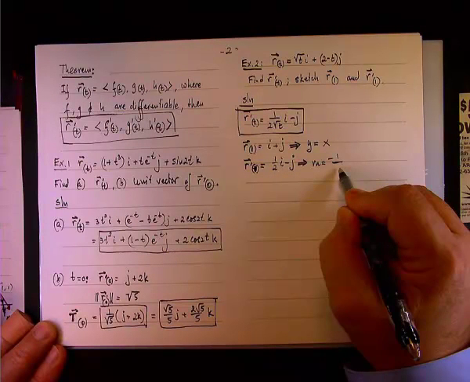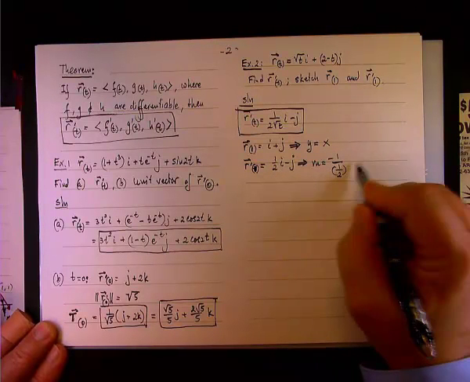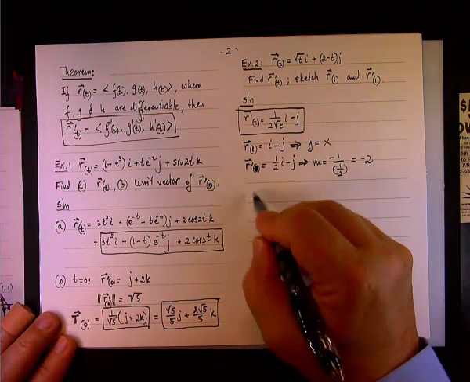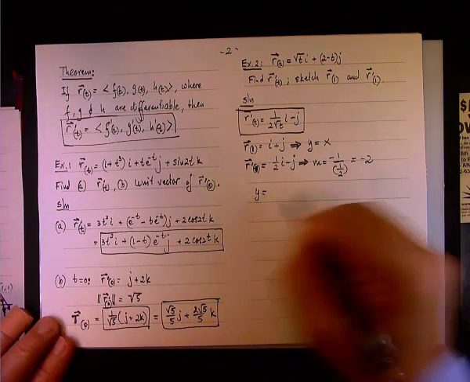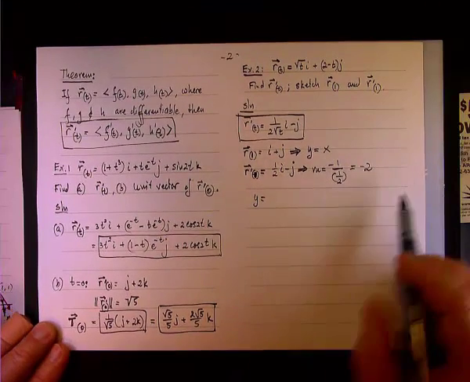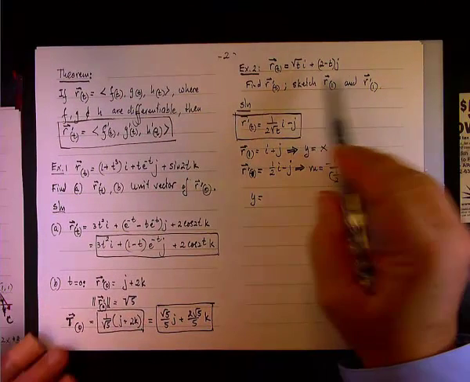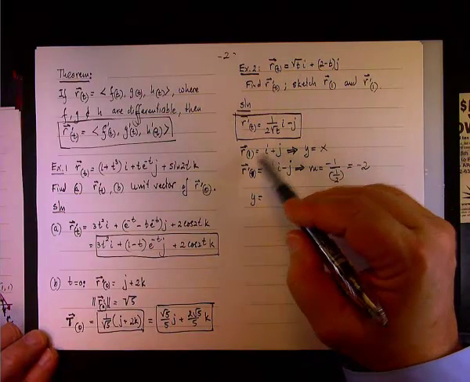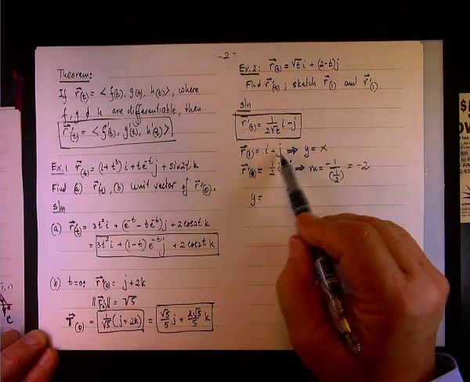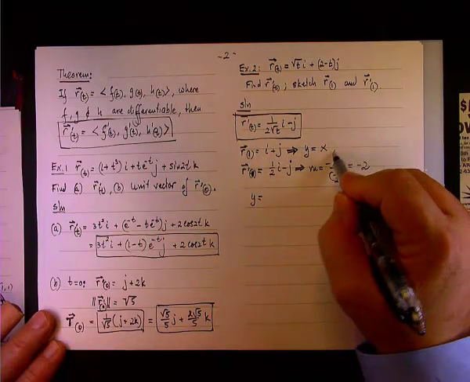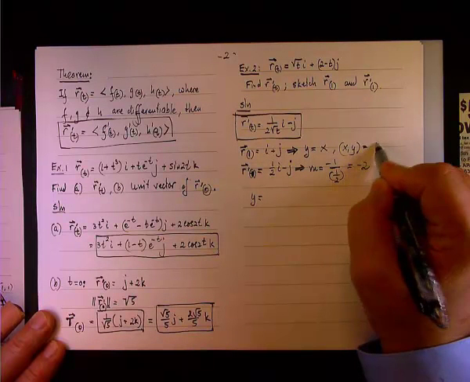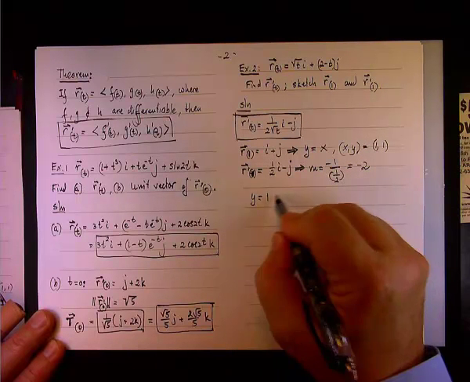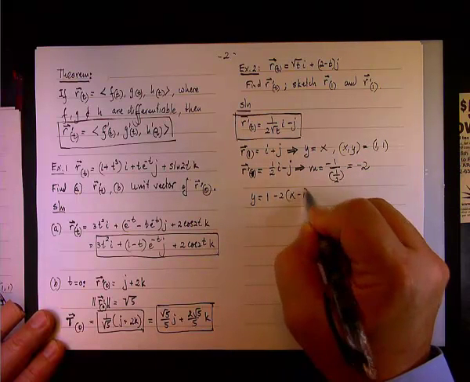On the other hand, here the slope will be negative 1 for j divided by 1/2 for i, so it will be negative 2. Okay, and now we can write the equation. When t equals 1, you have i plus j, and the point is x, y equals 1, 1.